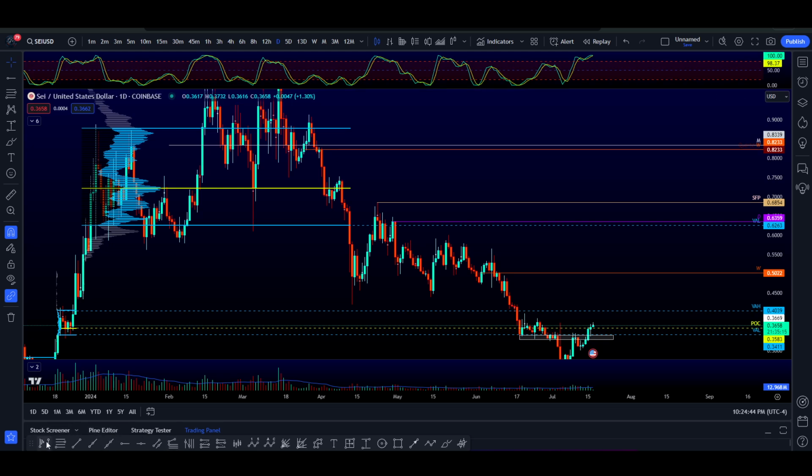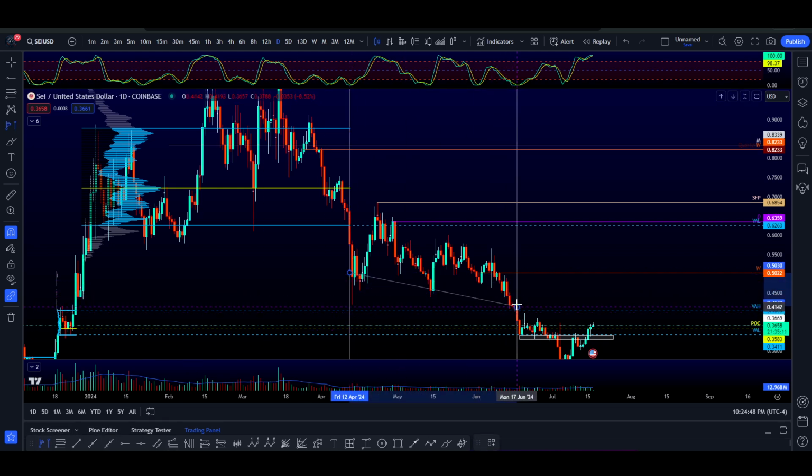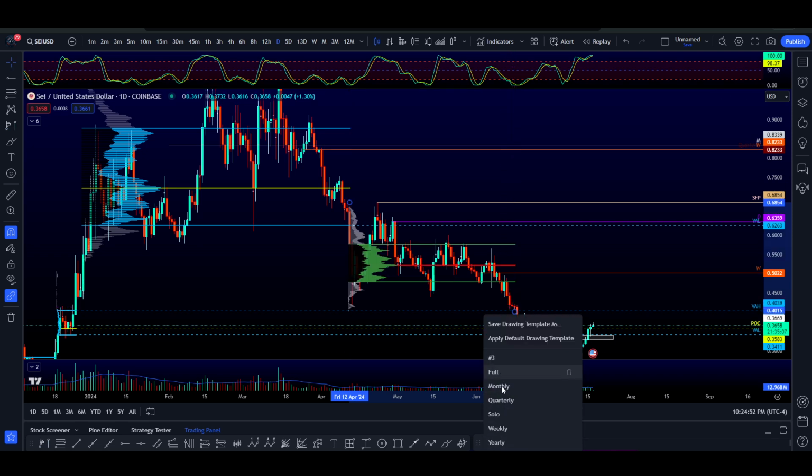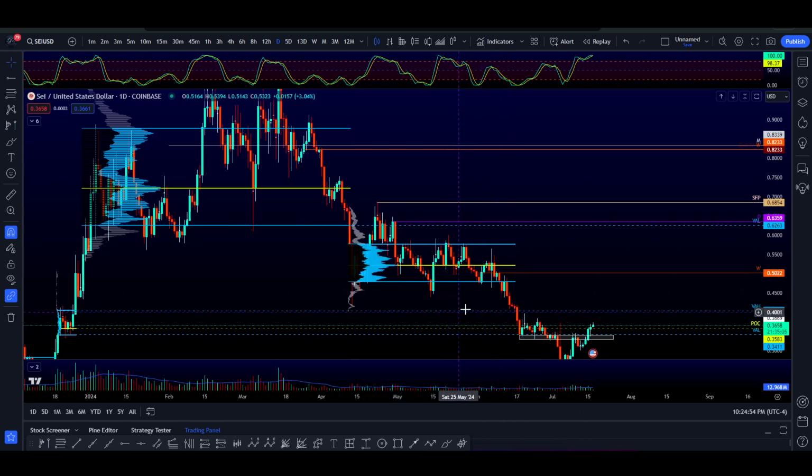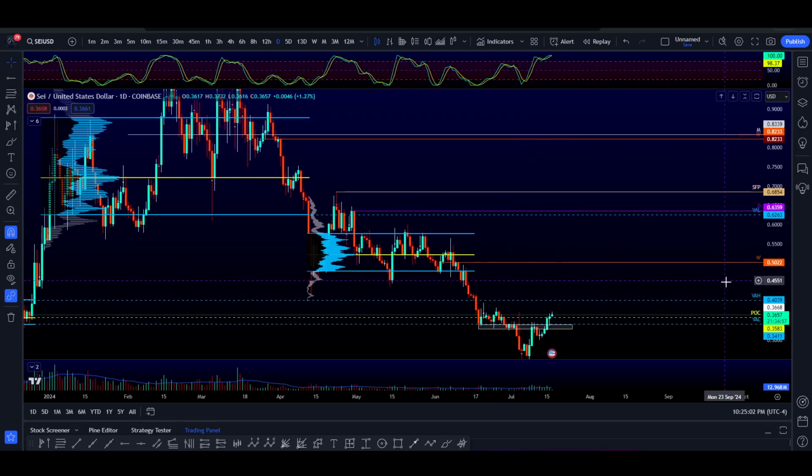So we can go ahead and actually pull a fixed range volume profile of this range here before we lost the level. And the highest volume traded in this range comes in at around 52 cents, value area low 47 cents.